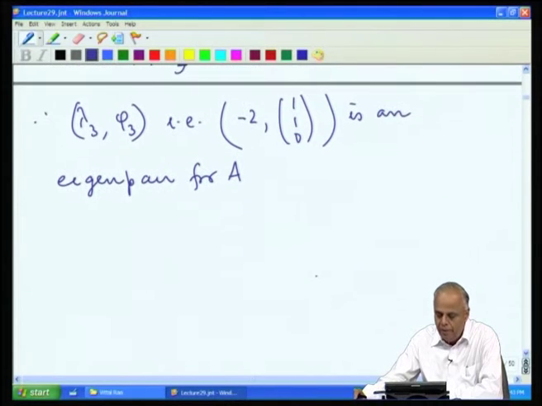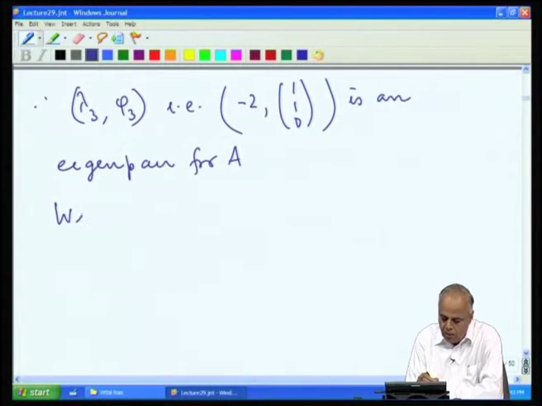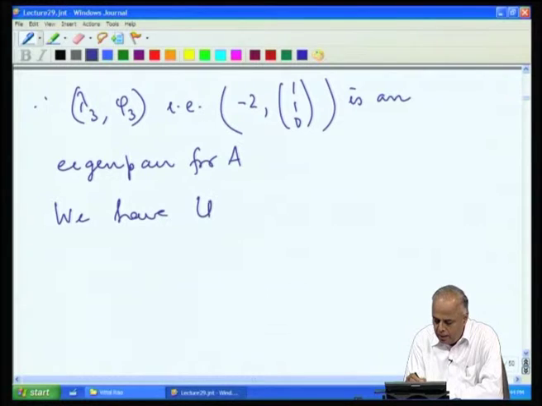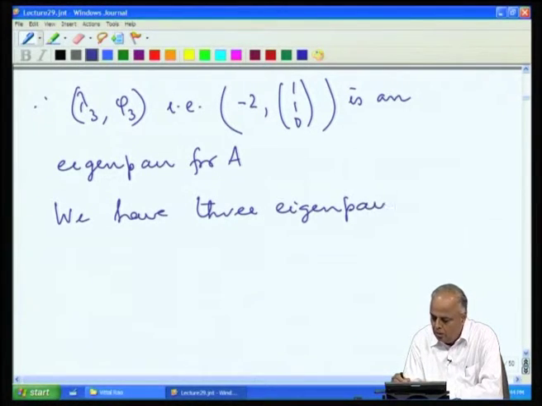So, now we have 3 eigenpairs. What were they?